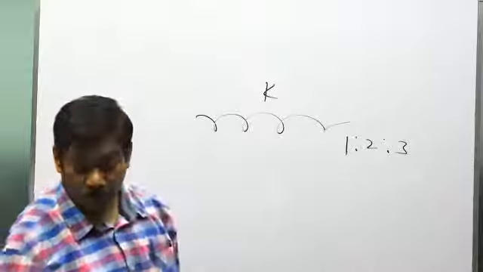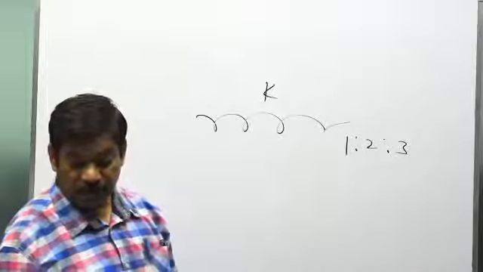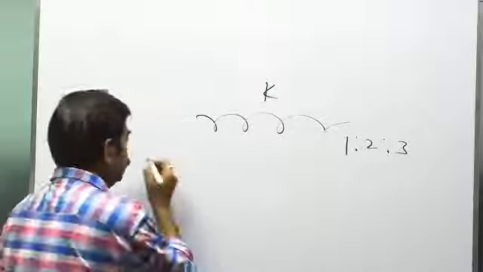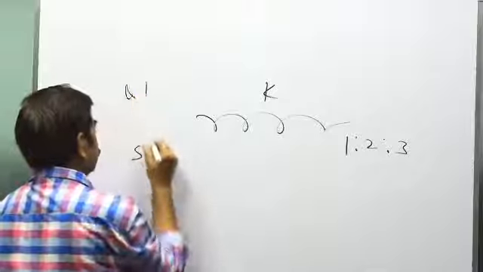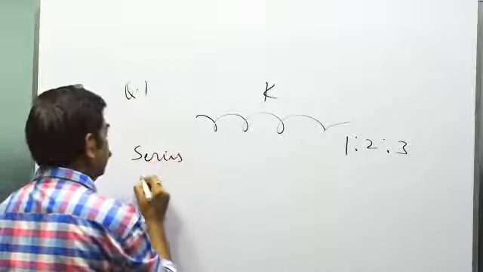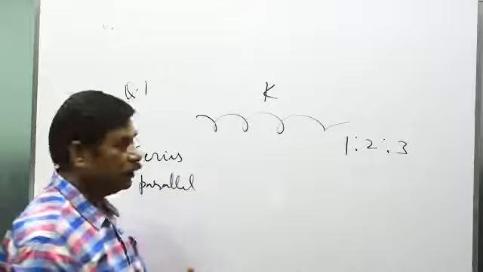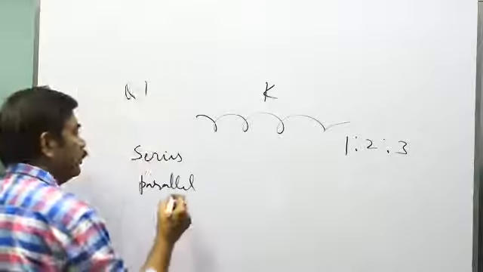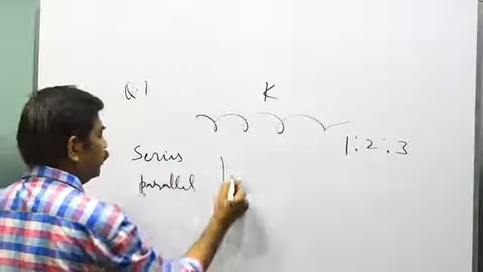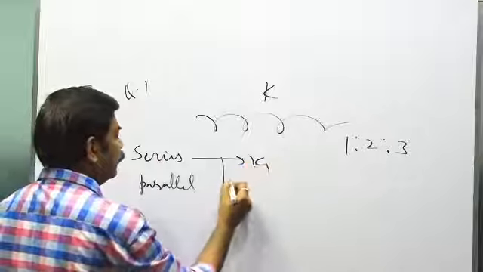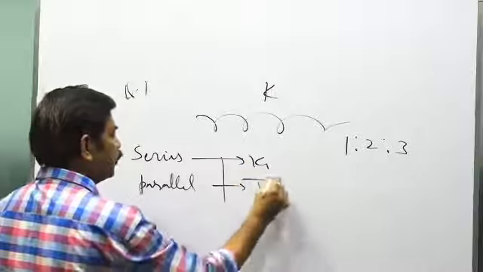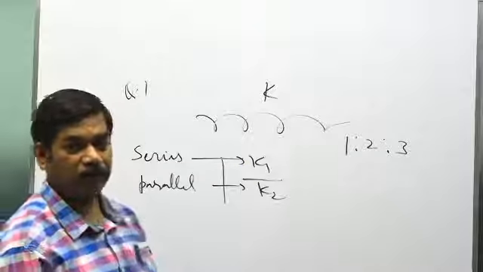Now the question is: these 3 parts are first connected in series, then they are connected in parallel. You have to calculate the ratio of the force constants for them. In this case K1, in this case K2. So what will be the ratio K1 by K2?